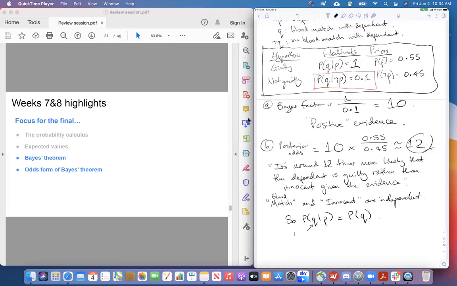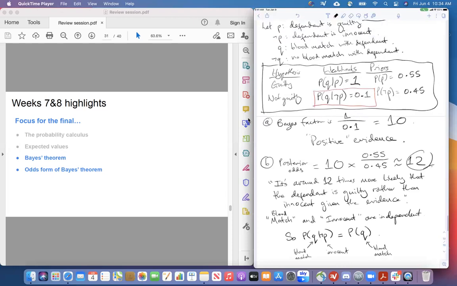And remember, this is blood match. This is innocent. Sorry, this should be a not P. That's innocent. This is blood match. So the probability of a blood match, given that they're innocent, is just the probability of a blood match. And so that's 0.1. That's just what the question tells you.